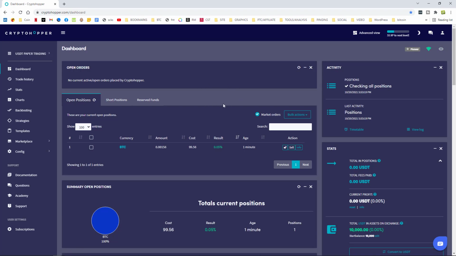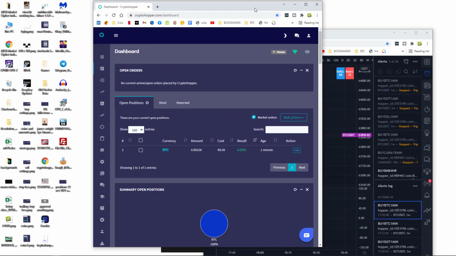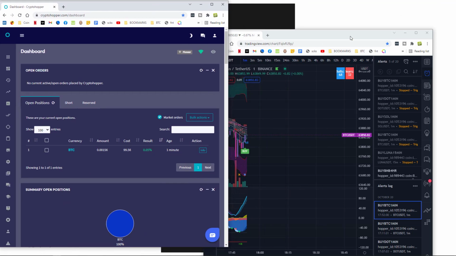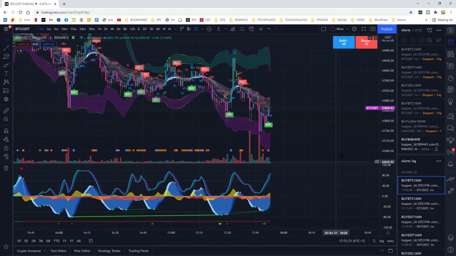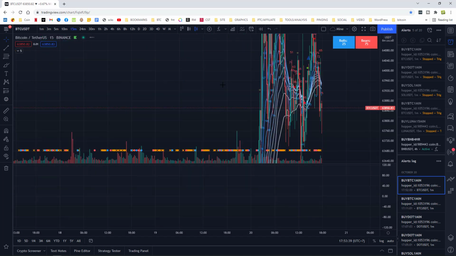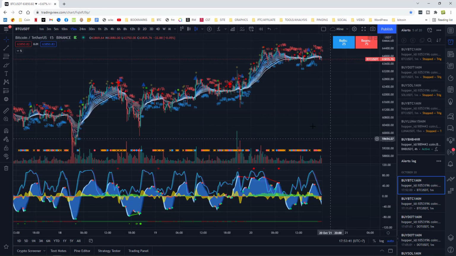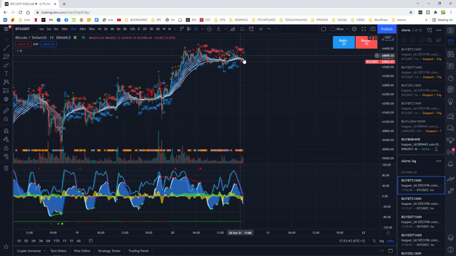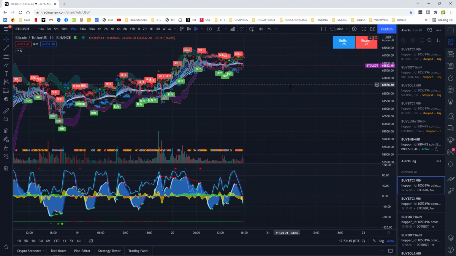However, let me remind you guys, do not use the 1 minute on real money, because if Bitcoin is indeed trending down, let's have a look at the 15-minute chart. If Bitcoin is trending down, let's say Bitcoin's coming down for the next few hours and it's buying every few minutes based on these, you're going to spend all your money rather quickly.